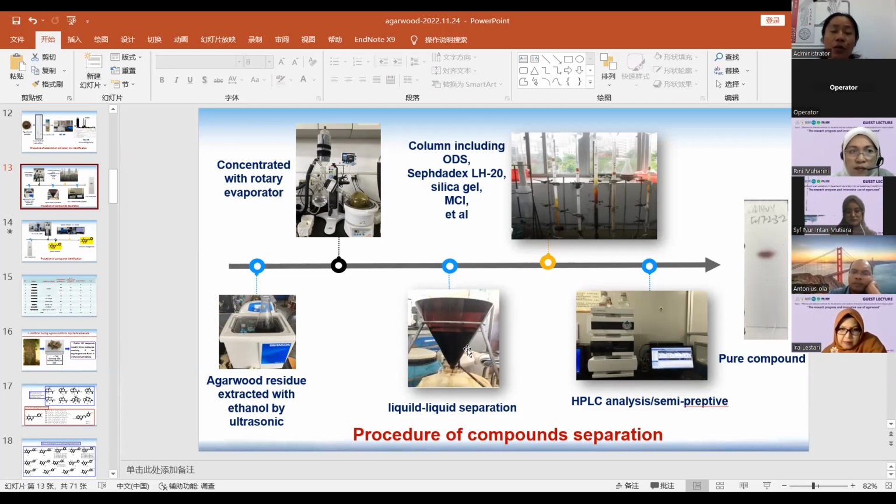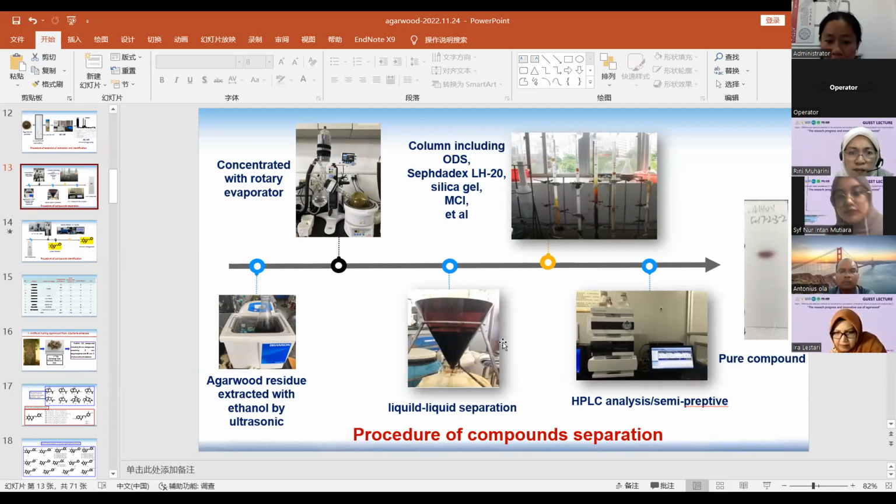But for the Aquilaria trees, the butanol part has a lot of compounds, because I showed in one slide some compounds connected with sugar. This kind of compound has very high polarity, so it can go to the butanol part.